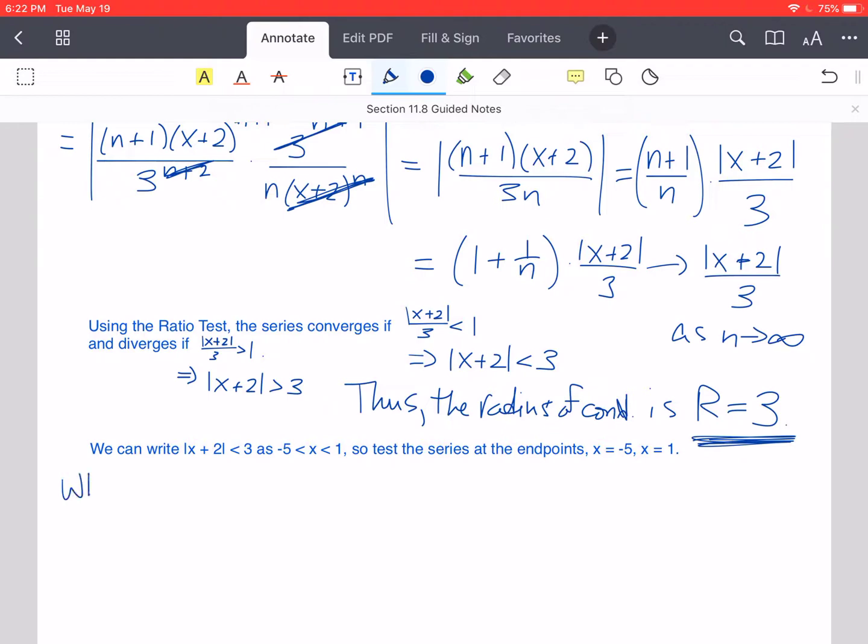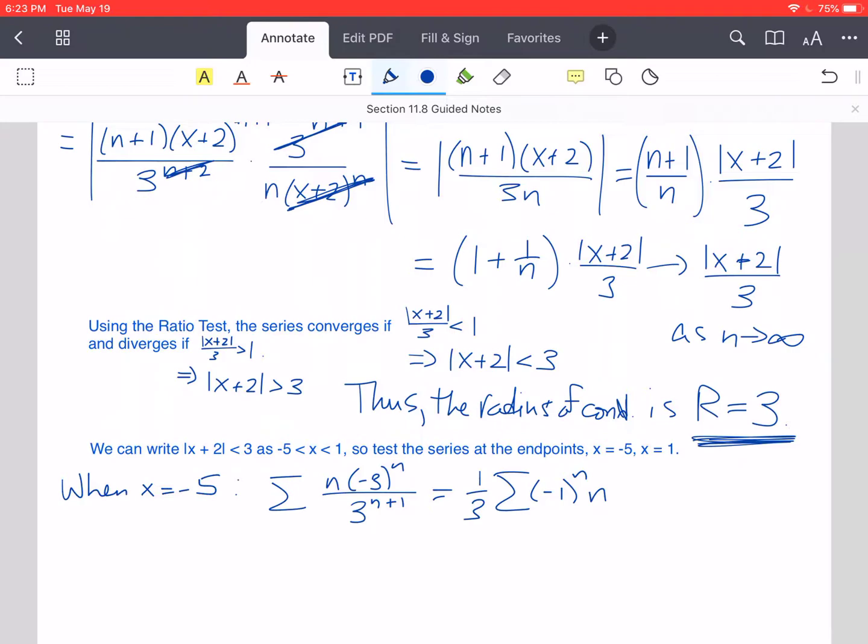So when x equals -5, we have the sum of n times (-3) to the n, since -5 plus 2 is -3, over 3 to the n plus 1. So this one, we would get an extra factor of 3 down here in the bottom, so I'll just pull that out. So that's 1/3 times the sum of (-1) to the n times n.